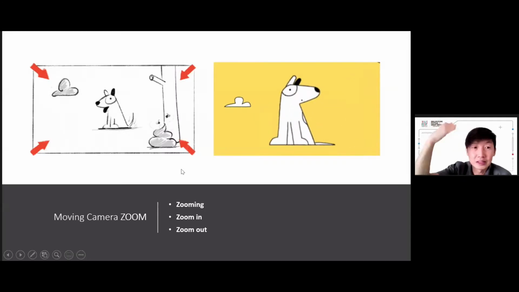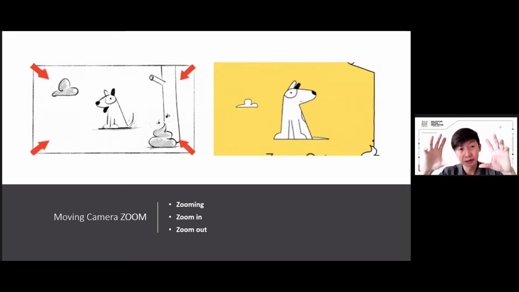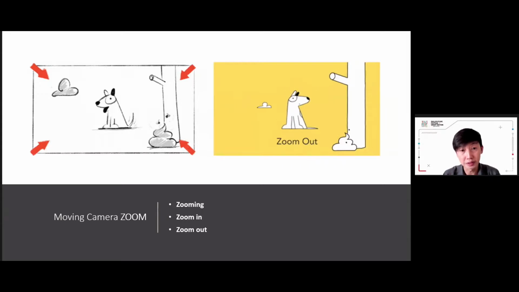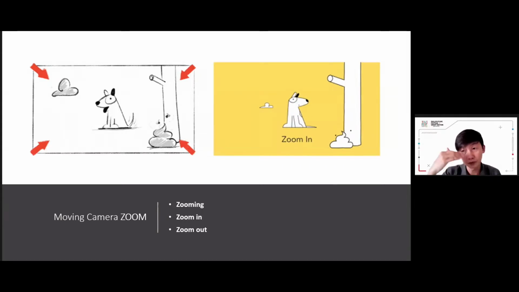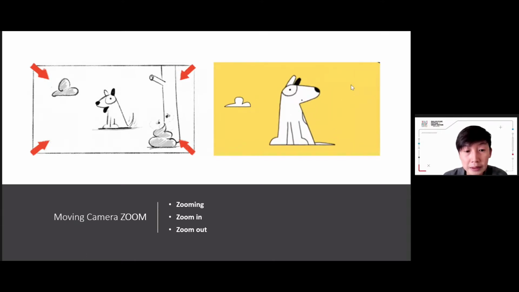As you can see, things are being broken down from framing to composition and now to moving. So we are slowly going from photography a little bit into editing already. Here are some examples.